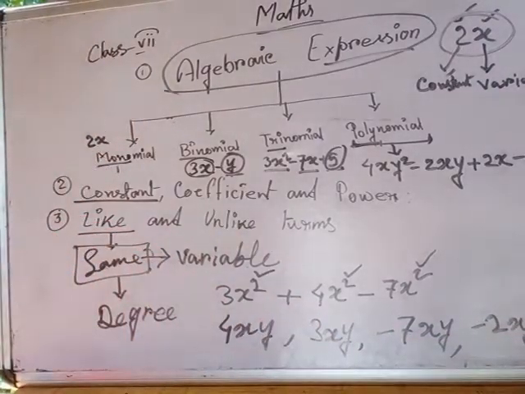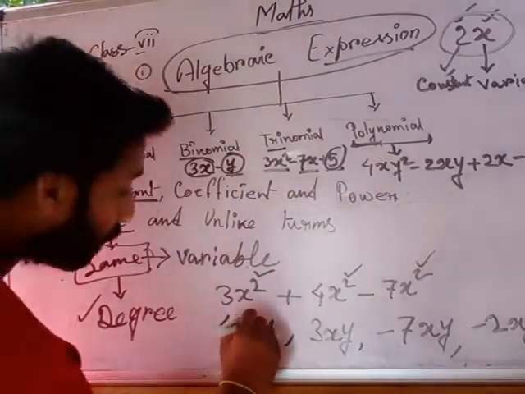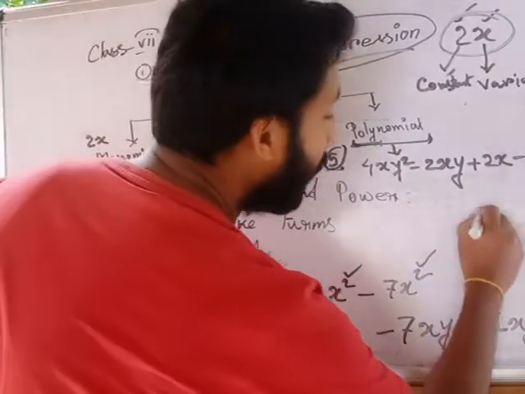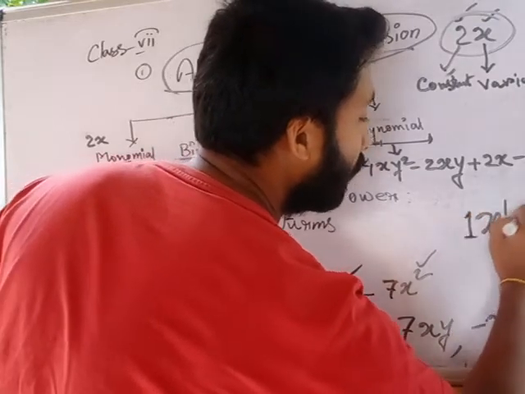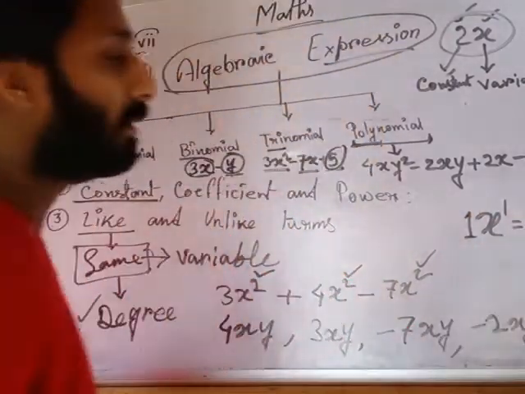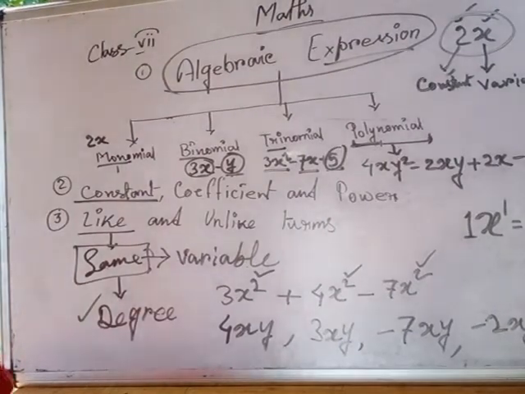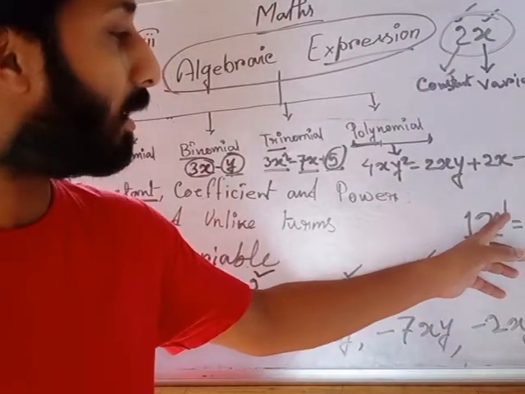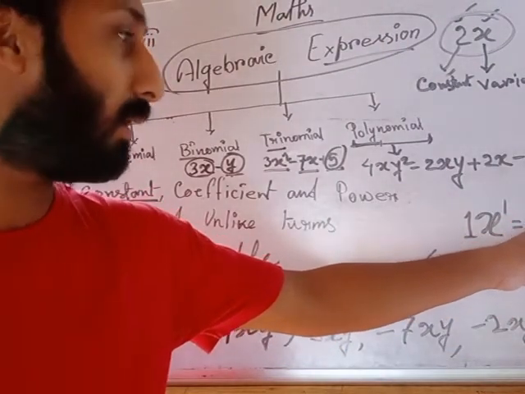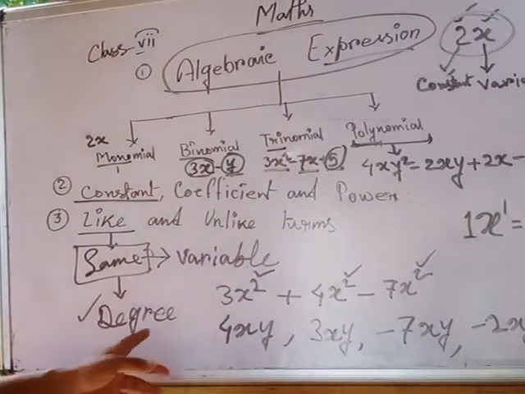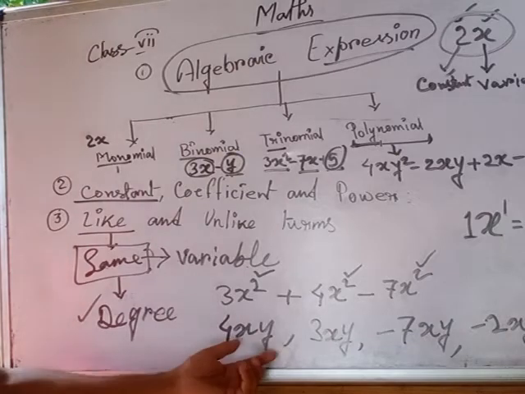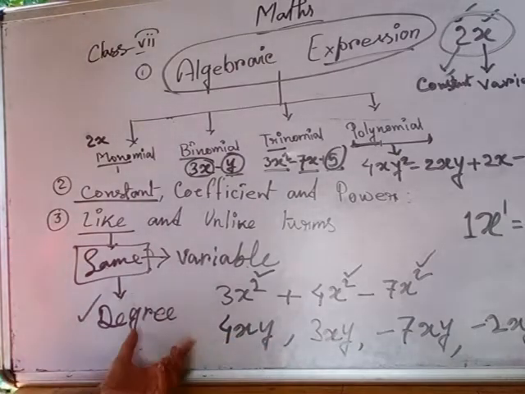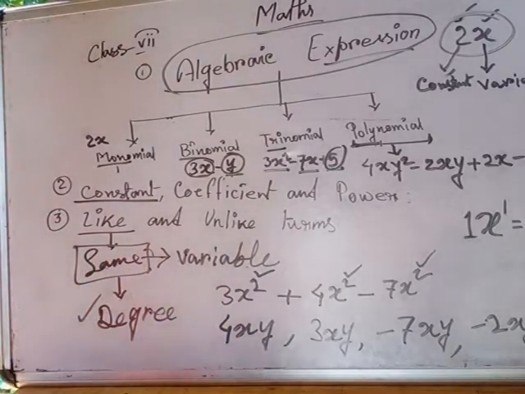Their degree is also the same, because here it is 1 and here also 1. If the power is 1, it is not necessary to write the power. So the degree is the power of the variable.